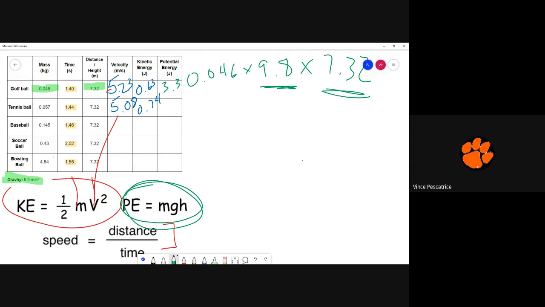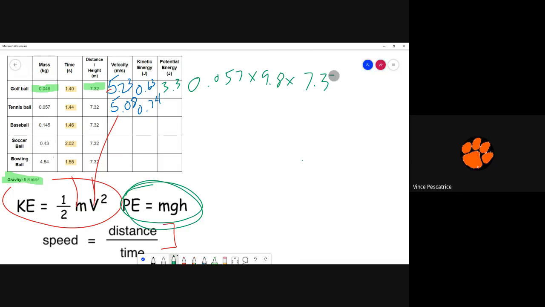All right, so let's try this other one for one more example. So then it would be, we do the mass of the tennis ball times the gravity times the height of the bridge. So 0.0 times 9.8 times 7.32. Plug that into your calculator.